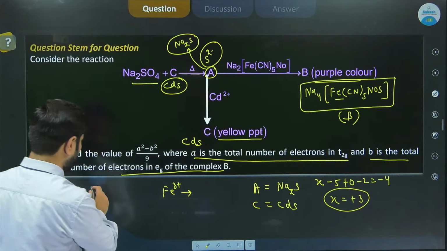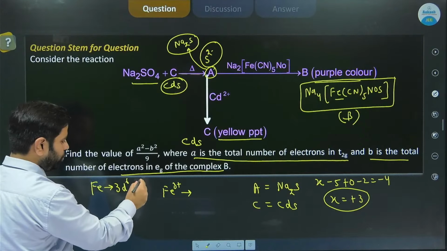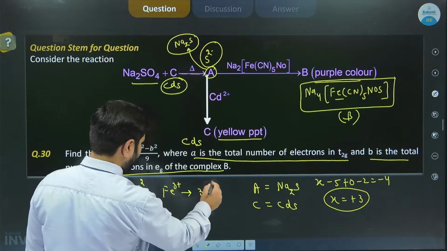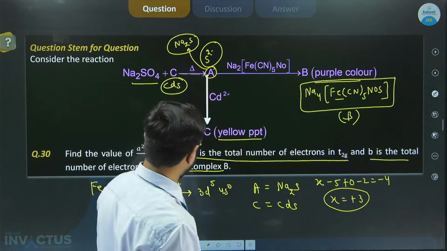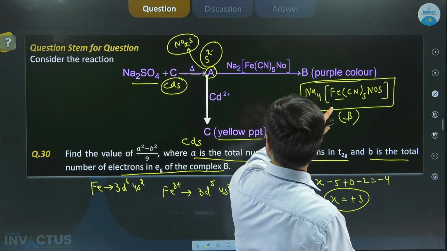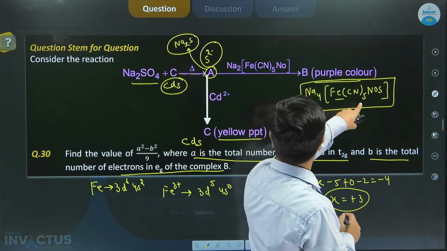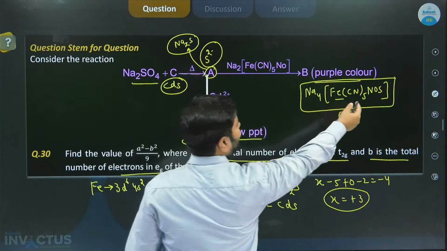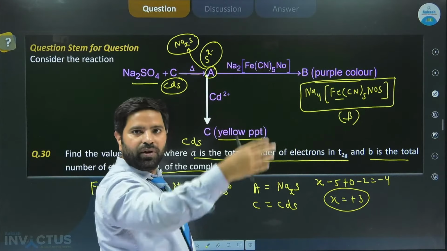What is the configuration of iron here? Iron is 3d6 4s2. So Fe3 plus is 3d5 4s0. Let me check: iron would be in the plus 2 state. So for plus 2, if I take Na3[Fe(CN)5NO], it becomes Na4[Fe(CN)4NOS]. Because one sulfide ion is coming into the complex, the coordination number would remain the same.